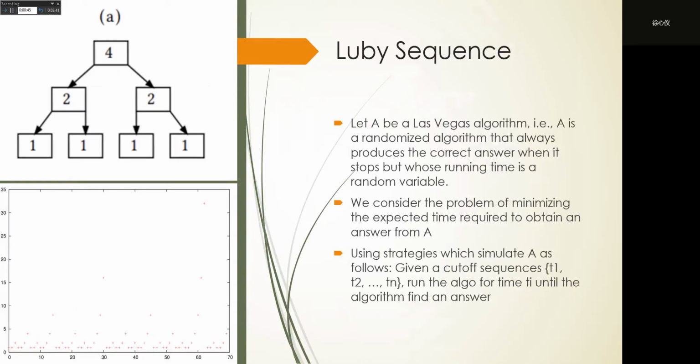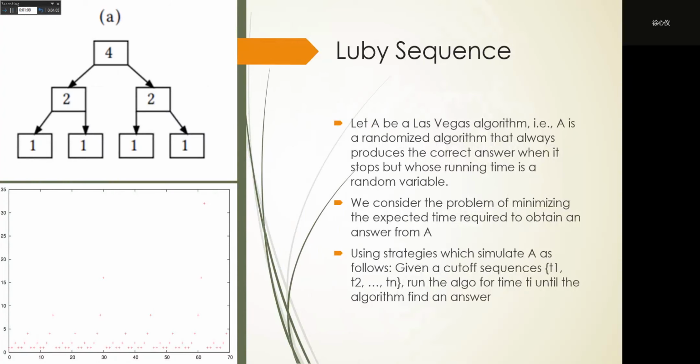Sometimes the running time can be infinity. We consider the problem of minimizing the expected time required as the aim of the Ruby sequence.